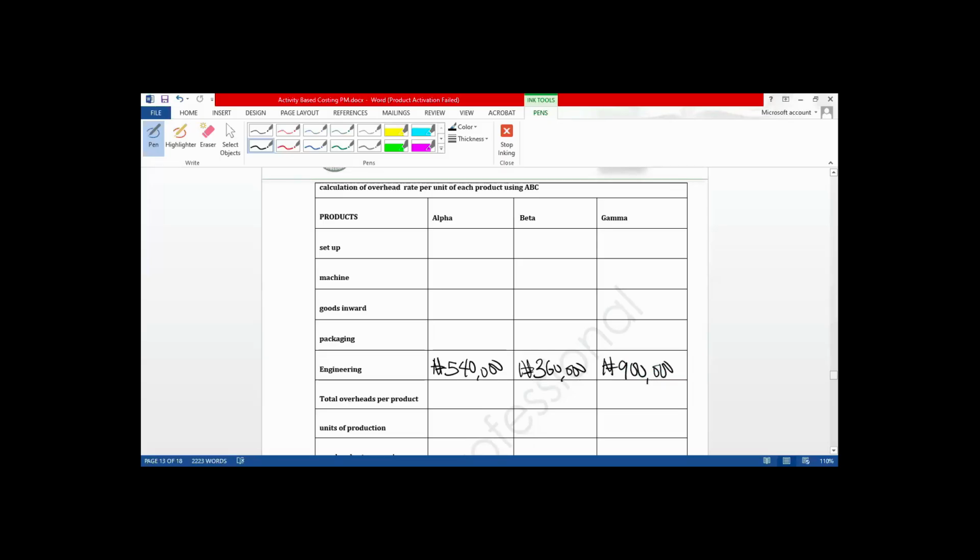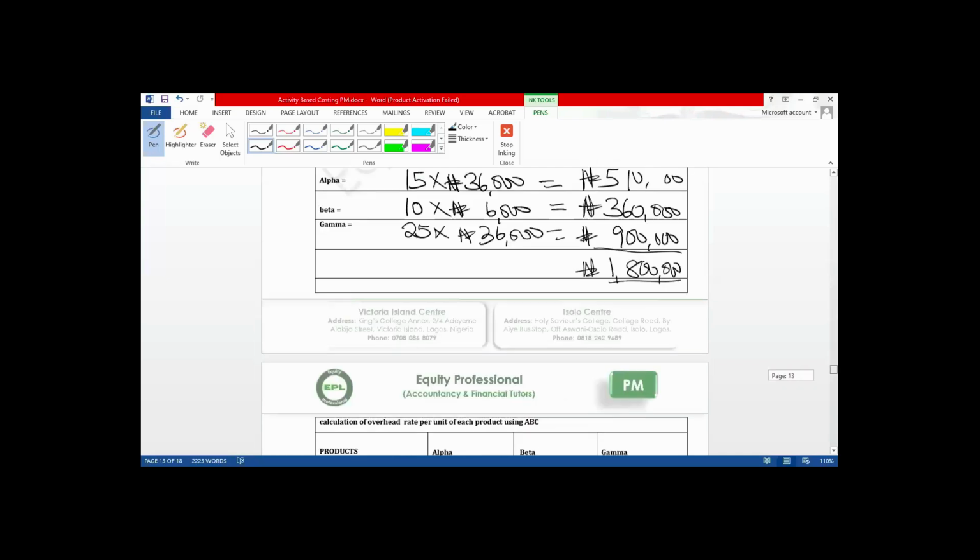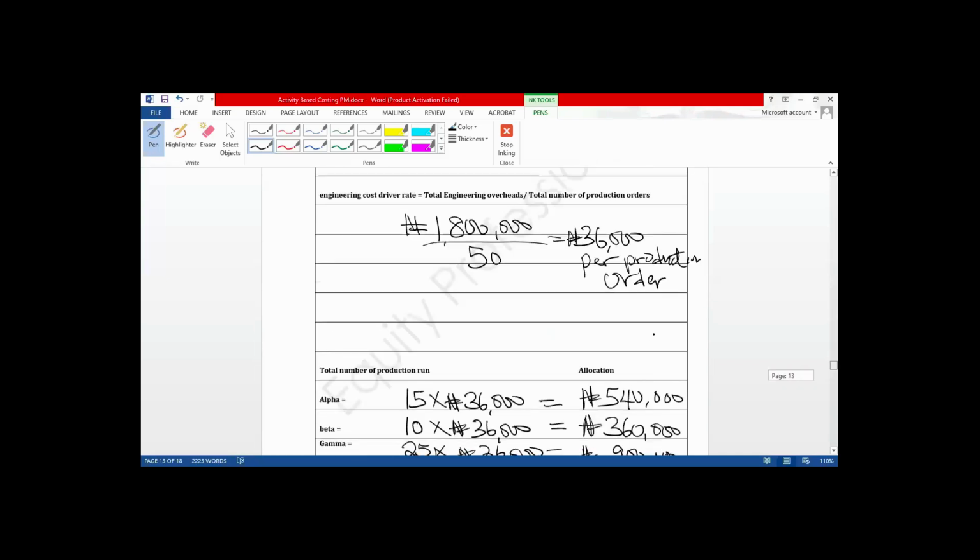You are just picking what you have allocated.